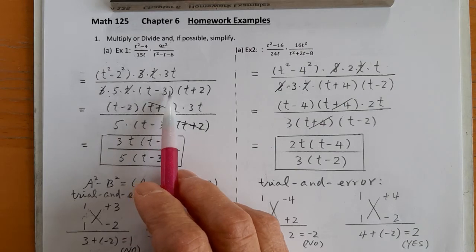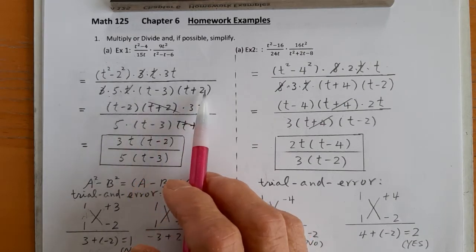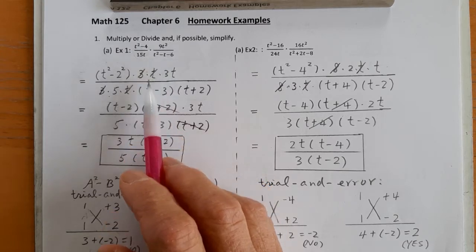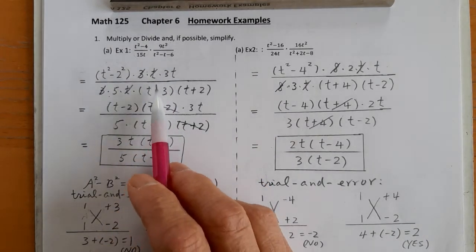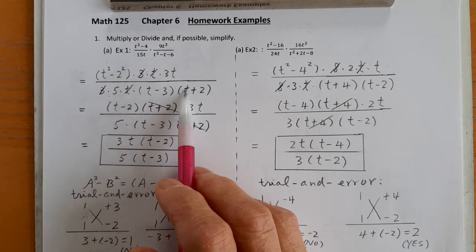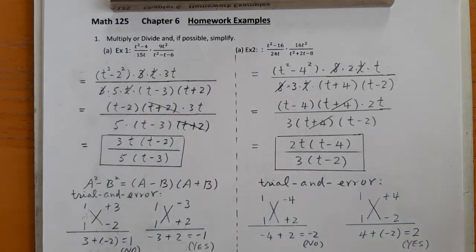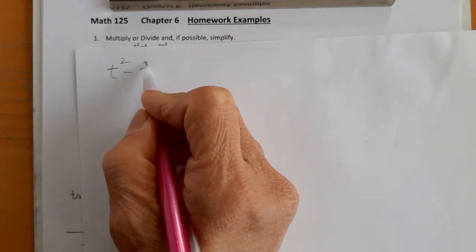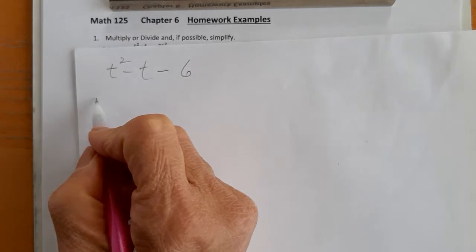And the two numbers added together, negative 3 added to 2, is negative 1. The t coefficient is negative 1. So you can check it. How to factor t squared minus t minus 6? The leading coefficient is 1.